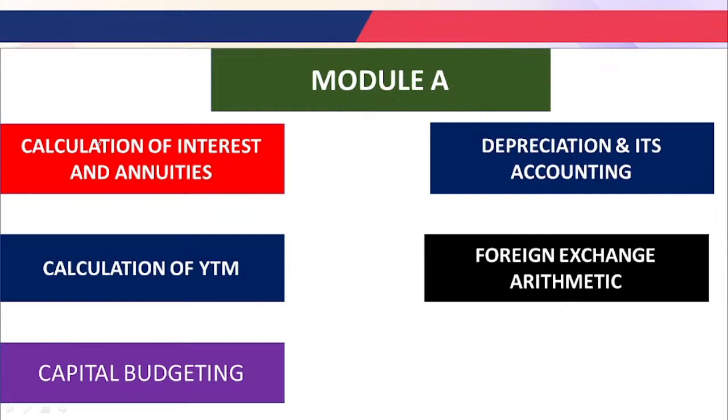All the topics in Module A, you should write one by one on a paper, and then you have a clear vision of what you have to read and how much time you should devote to any topic, to any chapter, for understanding it.